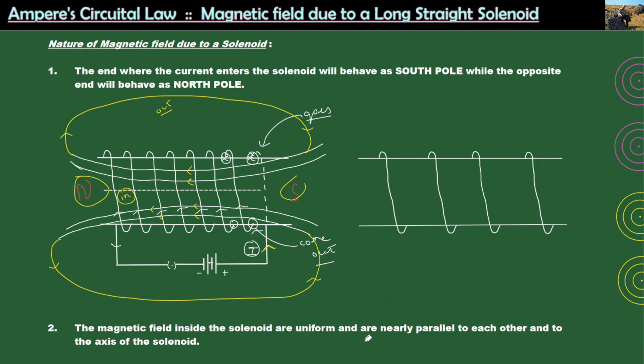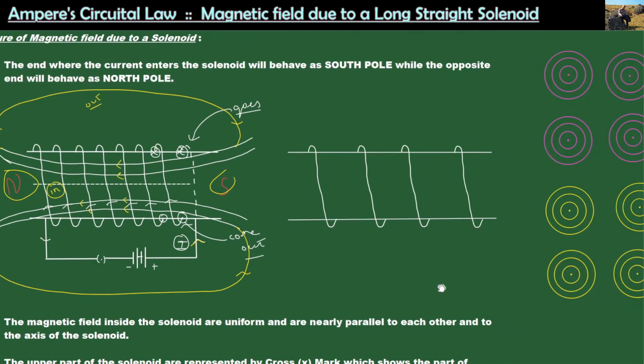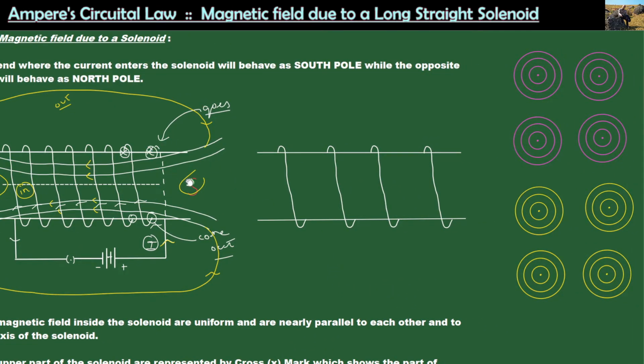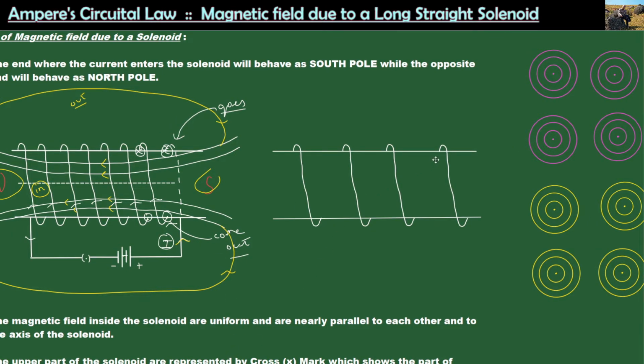Then similarly, over here, if I want to represent it more clearly, we know that this is the particular part where the current enters. So making use of the right hand thumb rule, since the current is entering this point, it will be marked by a cross. So there will be magnetic field lines across this point since the current is entering from here.